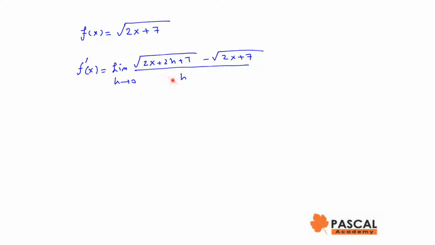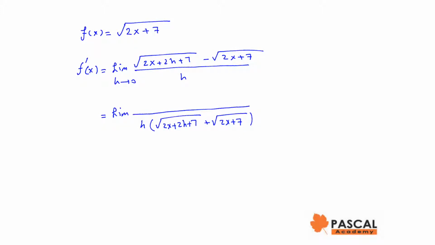This limit is the derivative. So to calculate the limit, we rationalize the numerator and we simplify the function. To rationalize the numerator, we have to multiply both the numerator and the denominator by the conjugate of the numerator, which is the square root of 2x plus 2h plus 7 plus the square root of 2x plus 7.